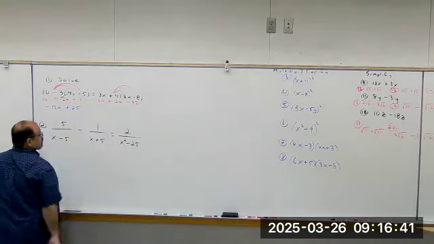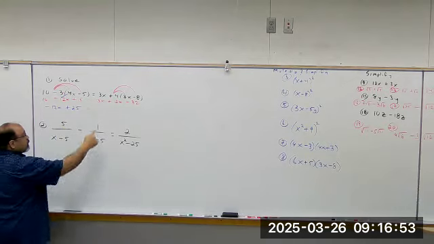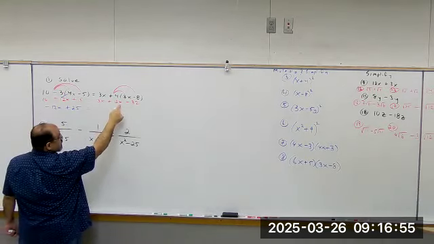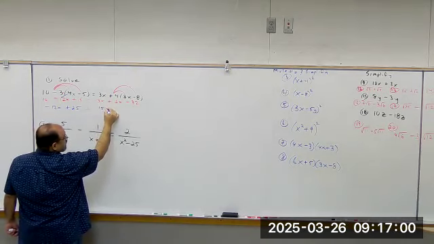There's an equals between the left and the right. It separates. The left side is simplified. On the right side, the variable terms are these two. They both have x's. 3x and 12x add up to 15x.